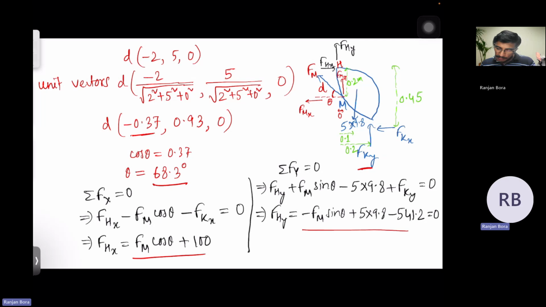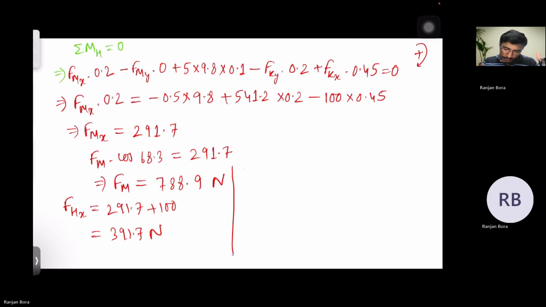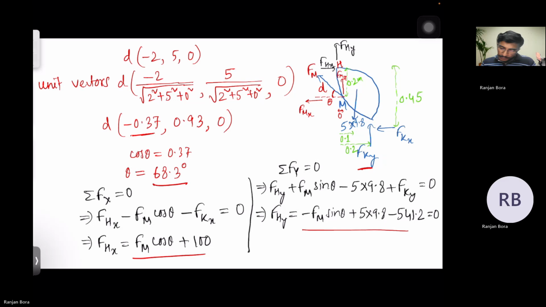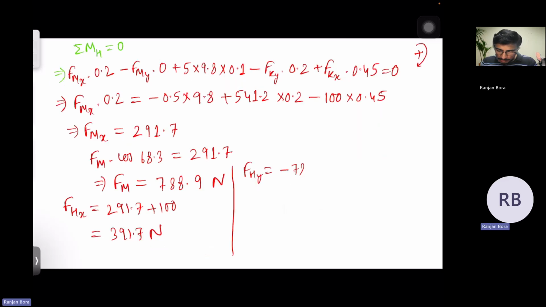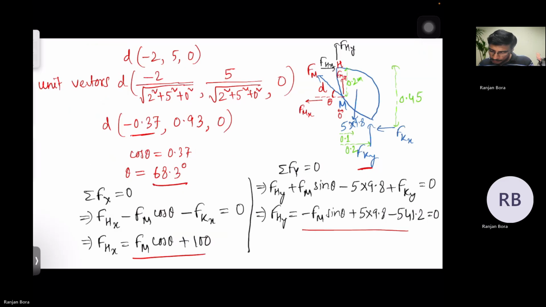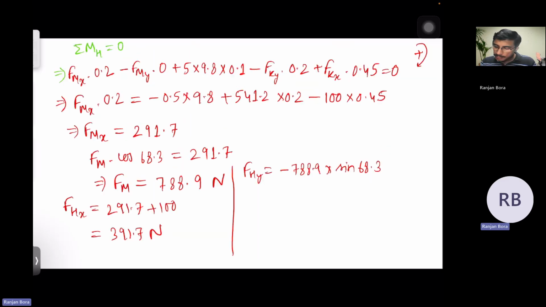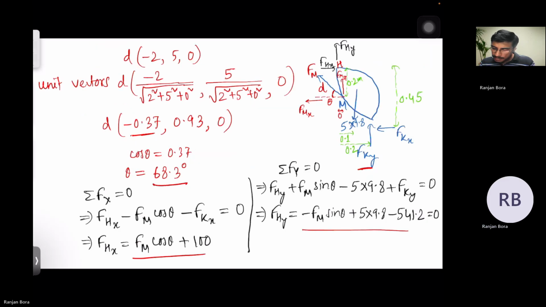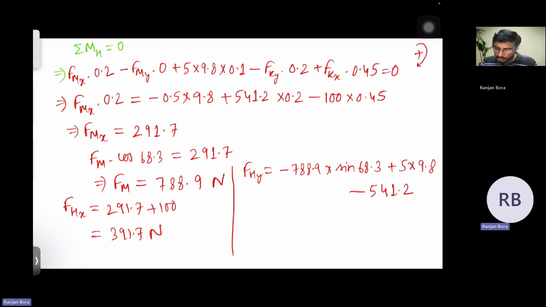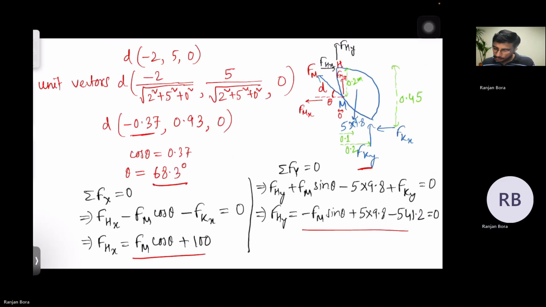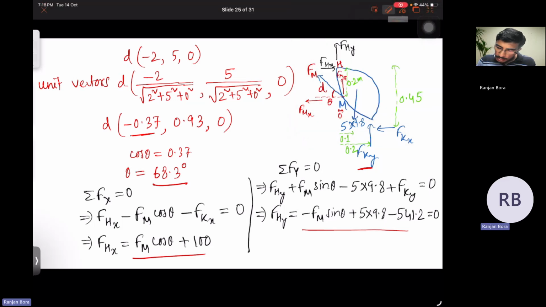And Fhy will be minus Fm sin theta, minus 788.9 sin 68.3, plus 5 cross 9.8, minus 541.2.